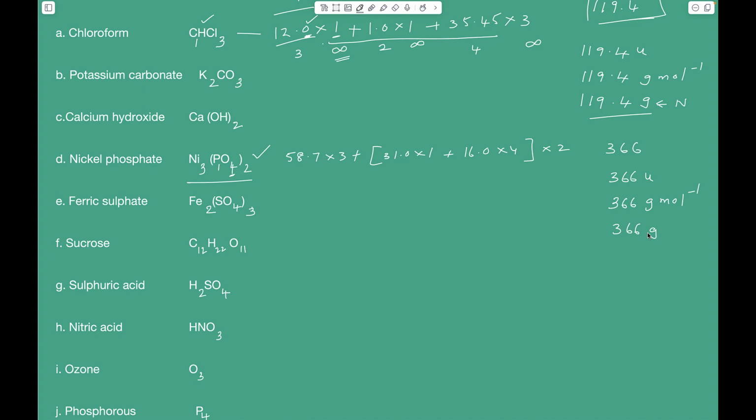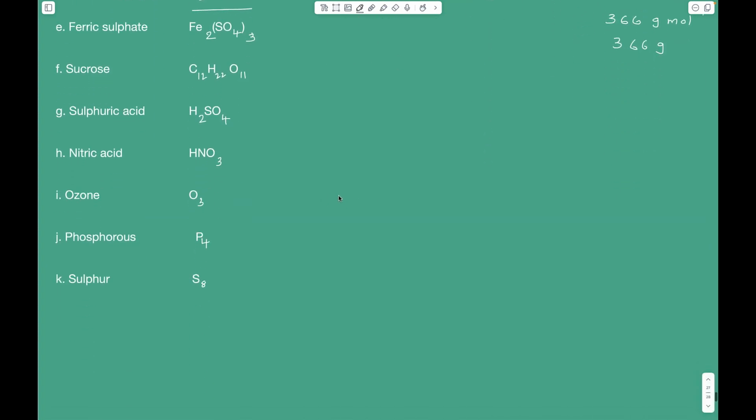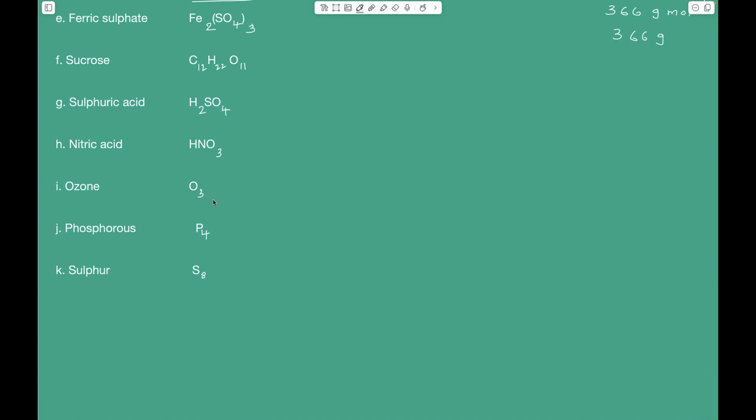As simple as that. Now what about ozone? Ozone is another form of oxygen, and it is composed of ozone molecules, and in each ozone molecule there are 3 oxygen atoms. So the atomicity here is 3, and the atomic weight of oxygen is 16.0.